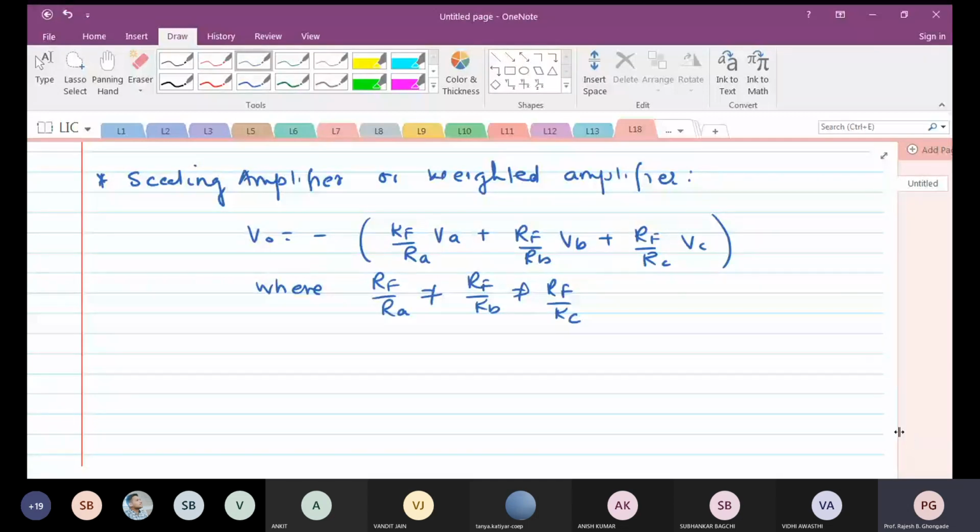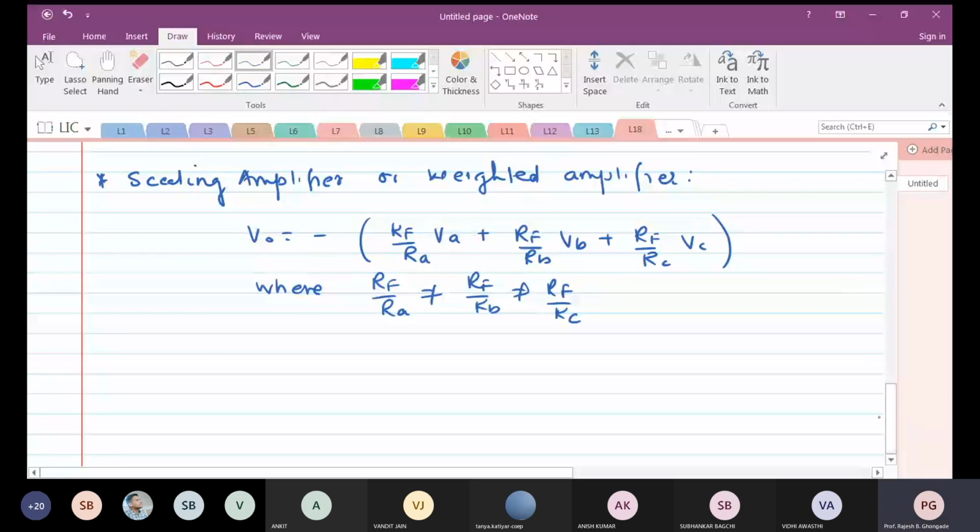You have audio channels coming from different instruments and a vocalist, and you want some emphasis on a particular channel.